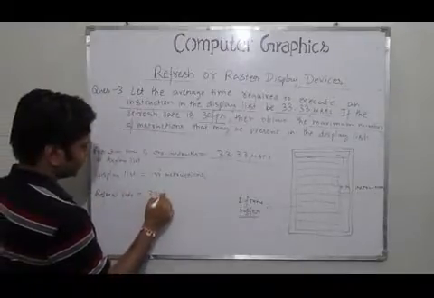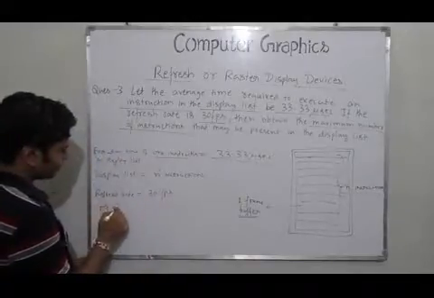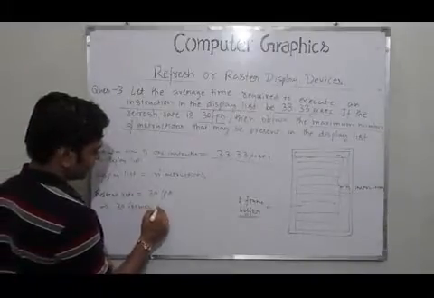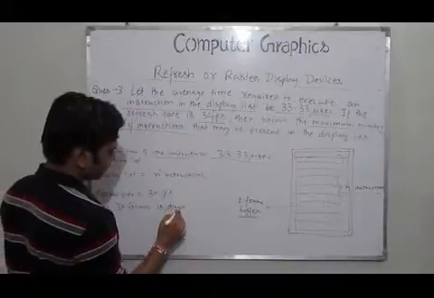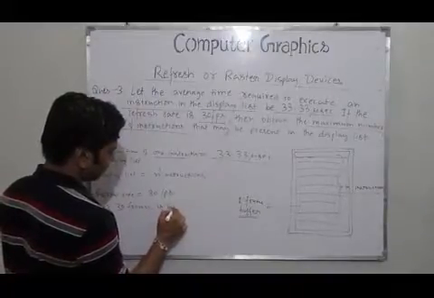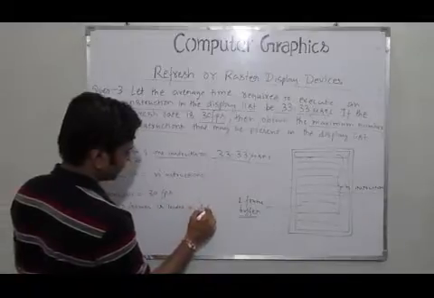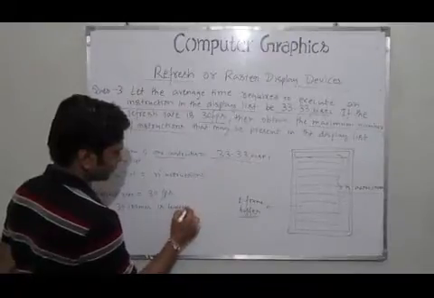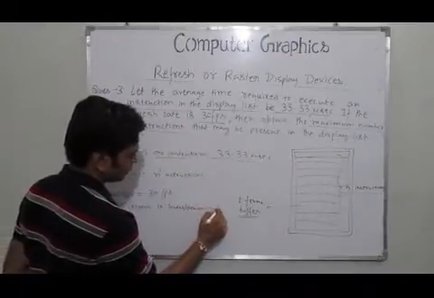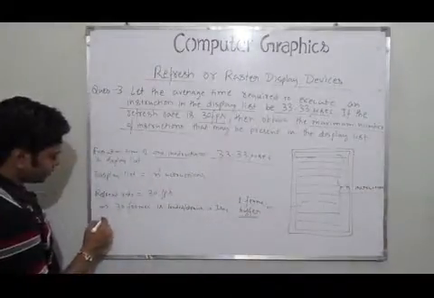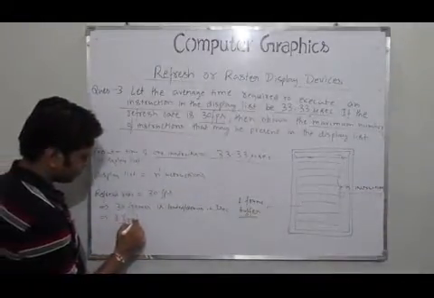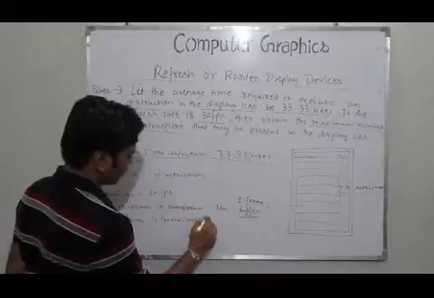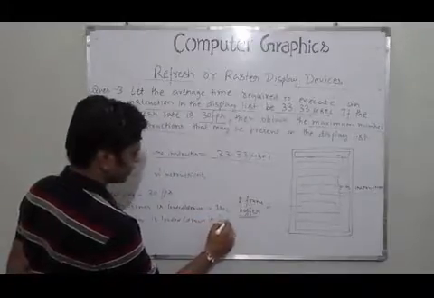We can also write it as 30 frames can be loaded or drawn in 1 second, right? 30 frames are drawn in 1 second. We can also say this as one frame can be loaded or drawn in 1 by 30 seconds.